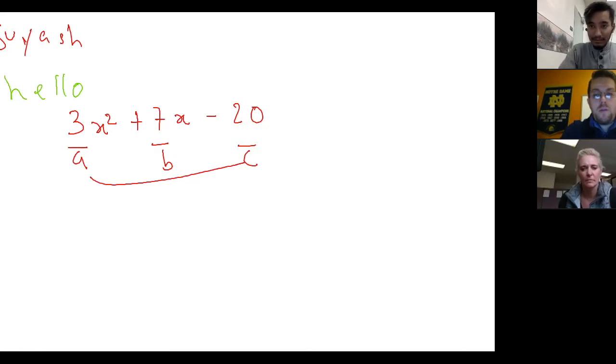Give me a quick second. So how we approach this problem is we multiply the A and C terms. What I like to do is make a cross, and we approach this problem like this. We multiply the A and C terms.